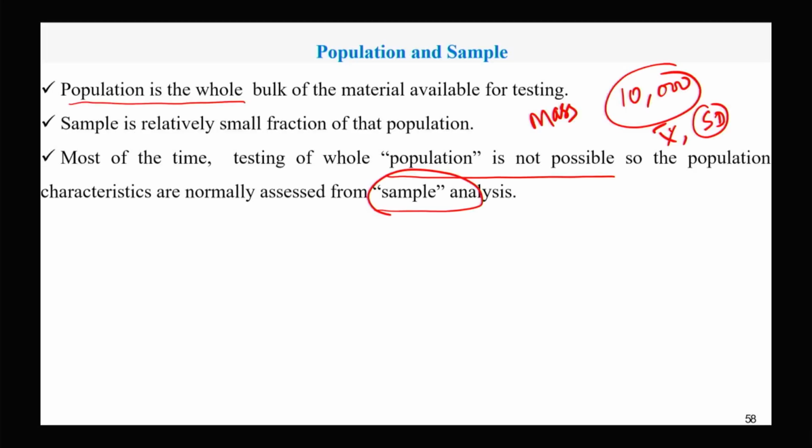One thing we should be clear about: ideally, if we take all 10,000 individual mass values and get the average, mean and standard deviation, that's the ideal case.